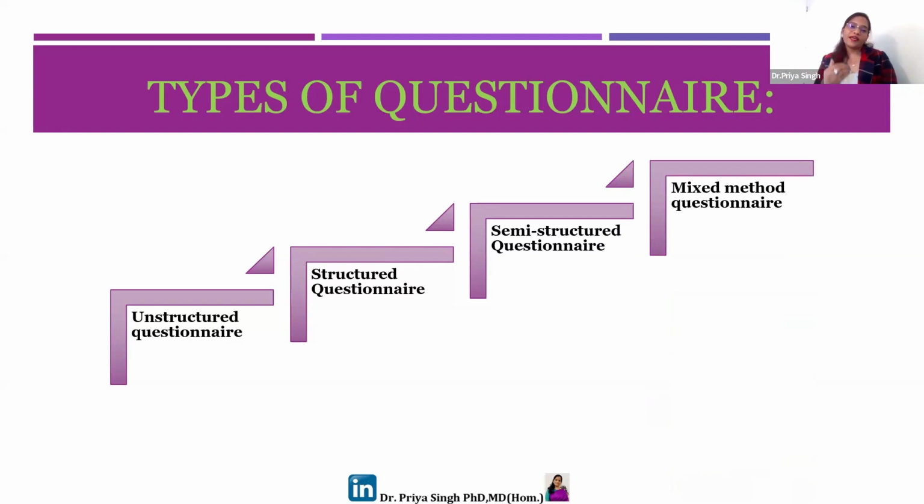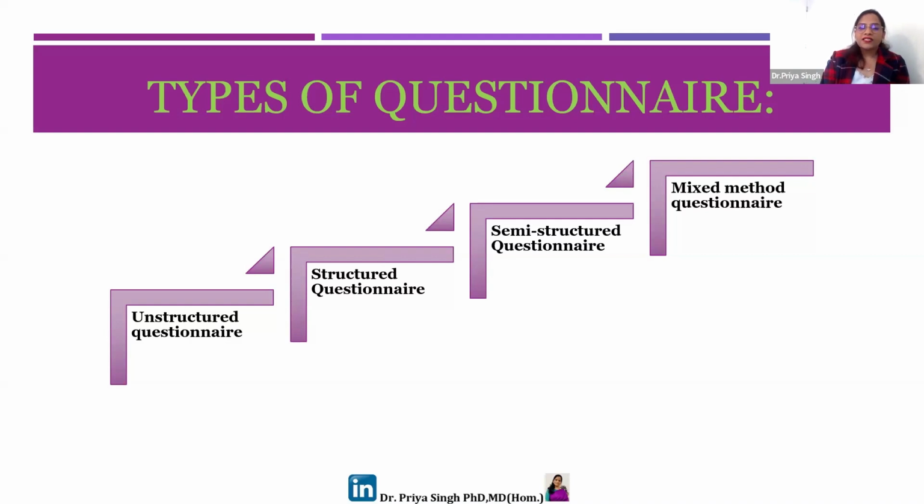And the difference between the semi-structured and a mixed method questionnaire is that semi-structured usually follows a quantitative analysis, whereas a mixed method involves the analysis of the data both ways. So it will include both a qualitative analysis and a quantitative analysis.